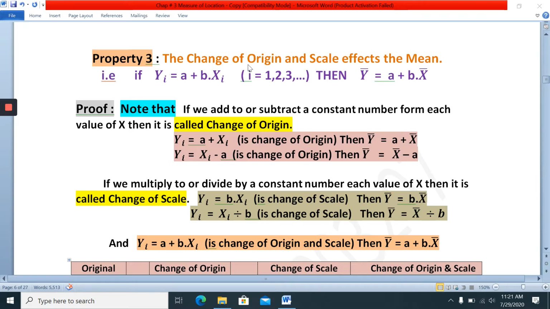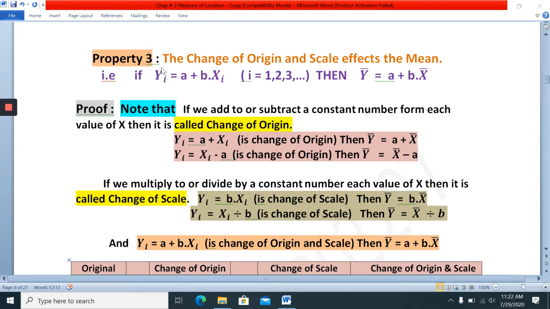The change of origin and scale affect the mean. If yi is equal to a plus b times xi, then y bar is equal to a plus b x bar. It means if we have variable y and variable x, and we multiply b with x and add a, then what will change with y? How do we find the y bar, or mean of y?